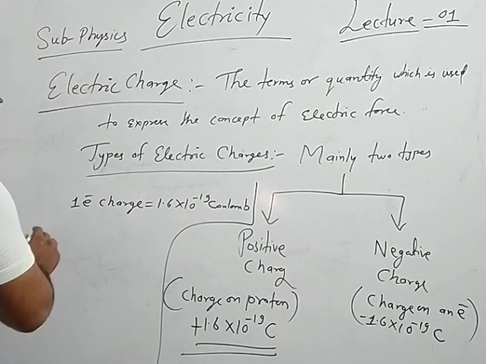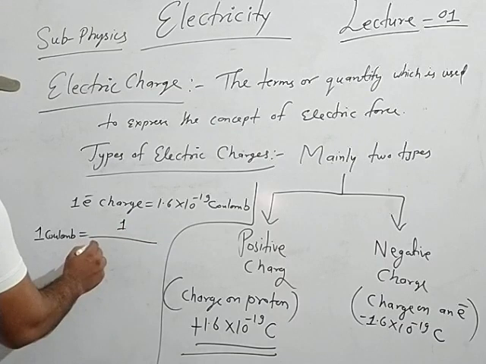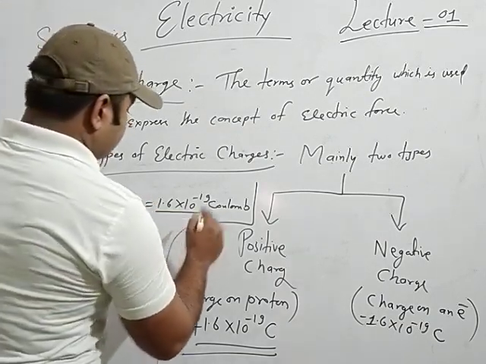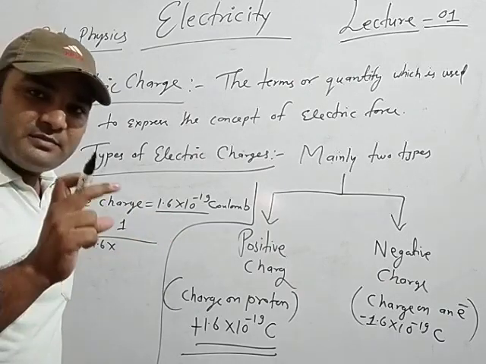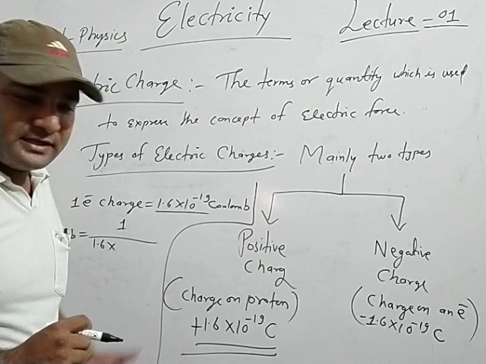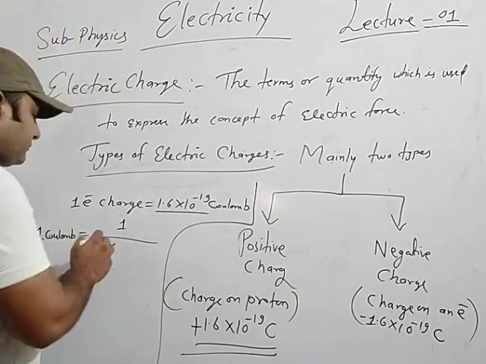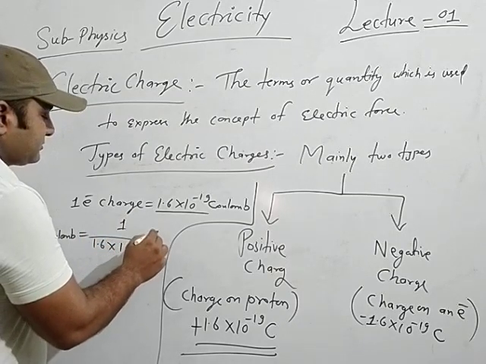Just see, 1 coulomb is equal to 1 upon 1.6 into 10 power minus 19. Here the charge is taken with a positive sign, because the magnitude is essential in the calculation of the number of electrons. Clear? So 1 upon 1.6 into 10 power minus 19 electrons.